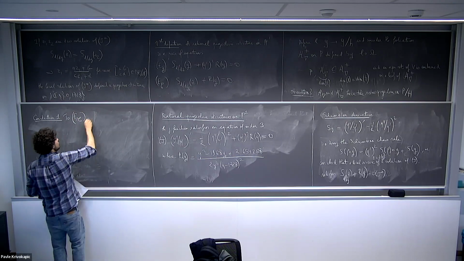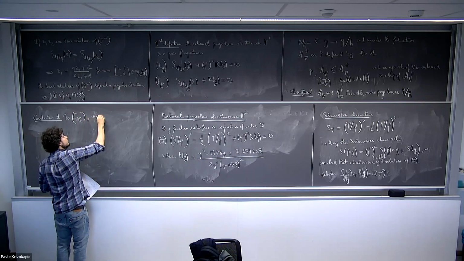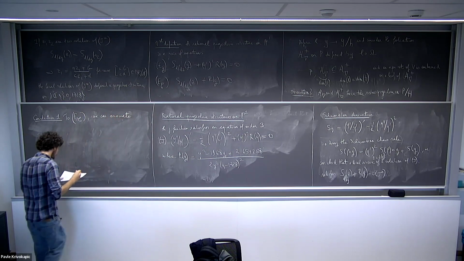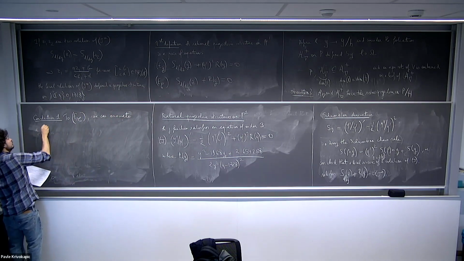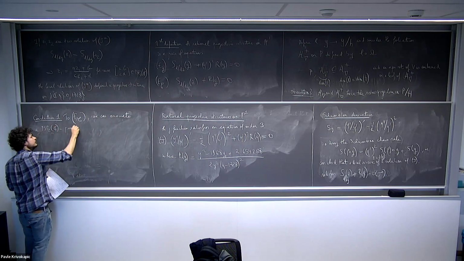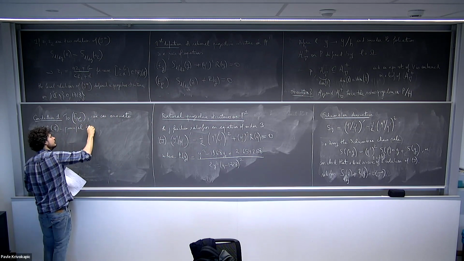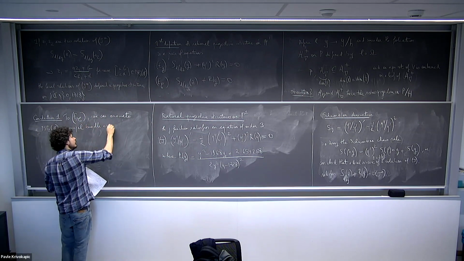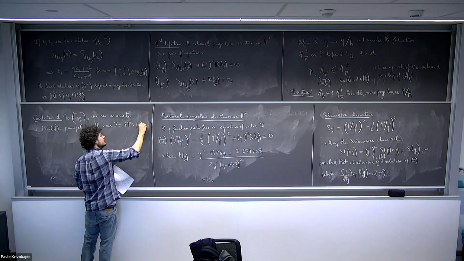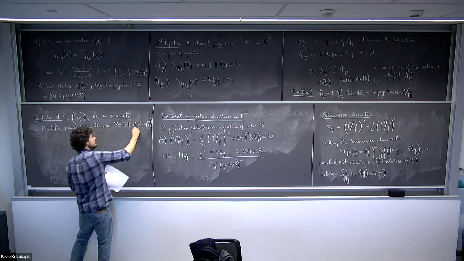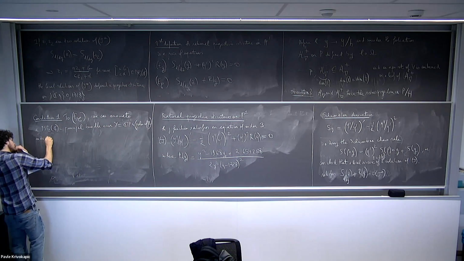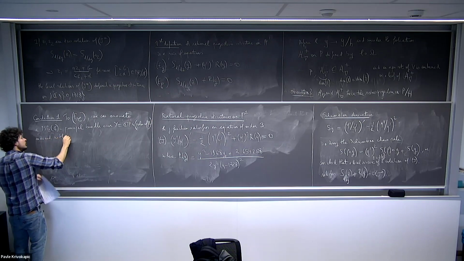a PSL2 of C principal bundle over Y, which is CP1 without the poles of R, endowed with a principal connection.